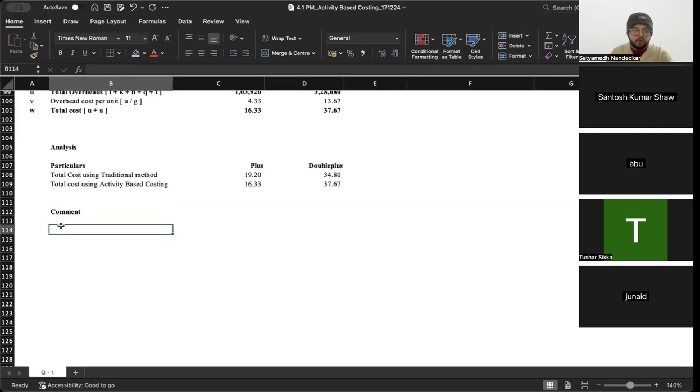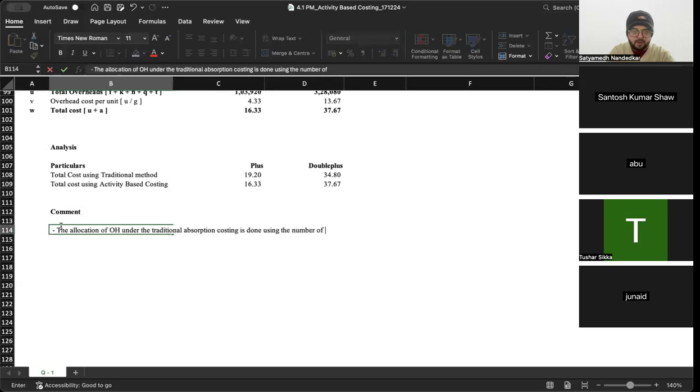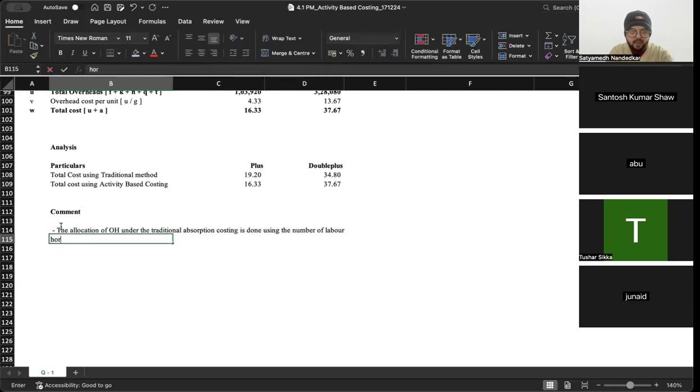Okay, so to begin with, the allocation of overheads under the traditional absorption costing is done using the number of labor hours as the base.